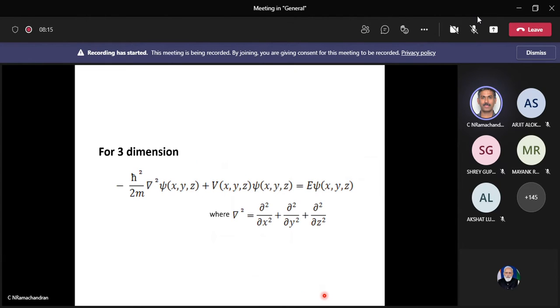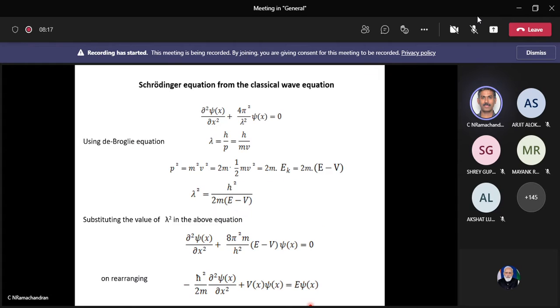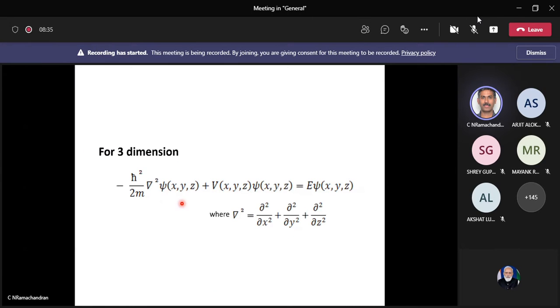And for 3 dimension, you can easily see that this is in 1 dimension because small x is there. But if it is 3 dimension, you will have the second derivative along x, y and z direction. So instead of writing those 3 directions separately, we will use this del square. Del square is nothing but partial d square by dx square plus partial d square by dy square plus partial d square by dz square.